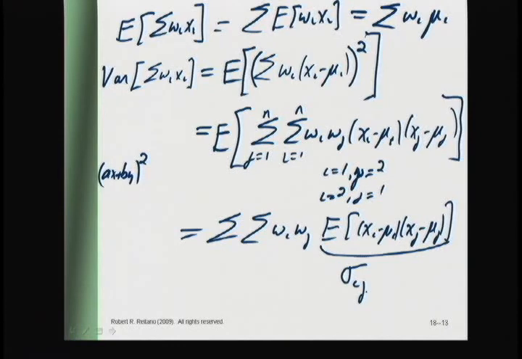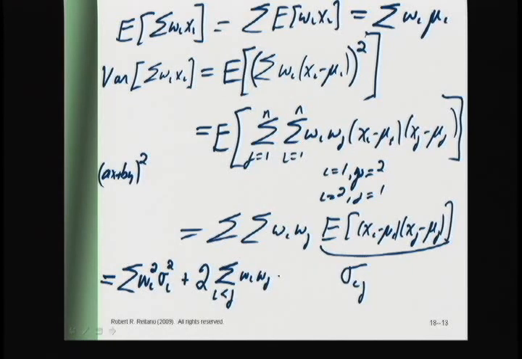Sometimes you'll find this summation written this way, in case this is the way you're most familiar. You might find it written as the summation of wi squared sigma i squared, so all the pure variance terms. And then, because each covariance term is counted twice, you see a formula that has a 2 and then a summation over all i strictly less than j of wi, wj, sigma ij.